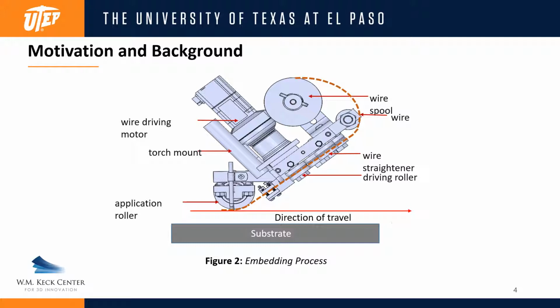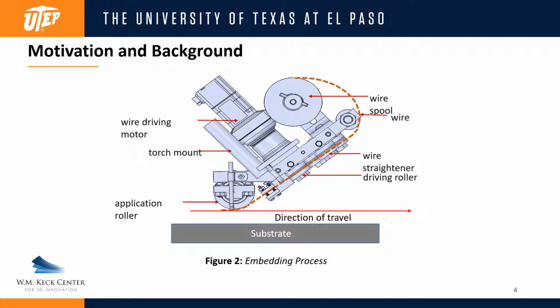Then we have this little guide which has a V groove which is able to guide the copper wire. Then we have the wire straightener, which are a set of bearings which are going to be correcting the bad portions of the copper wire.